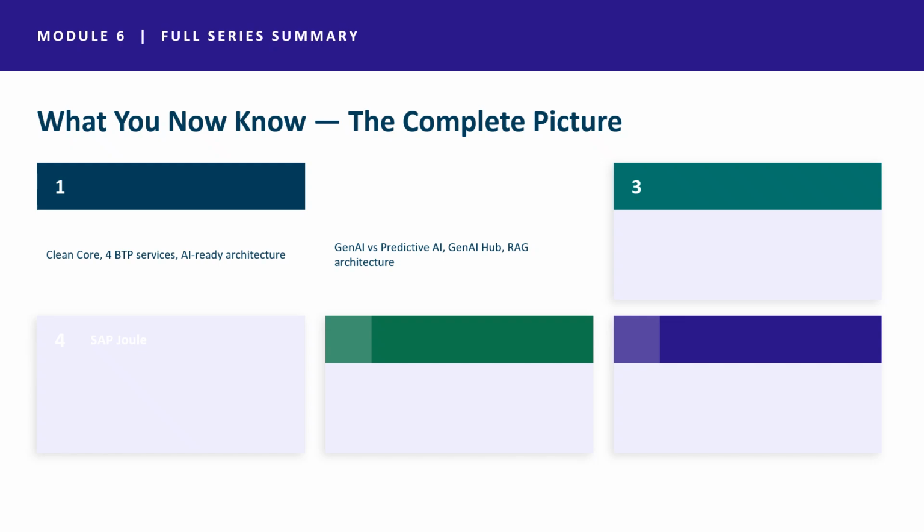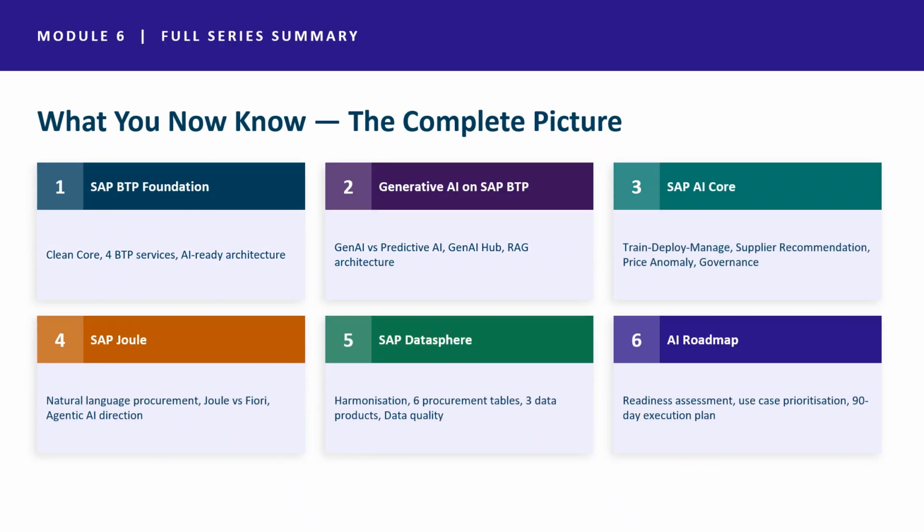If you have watched this entire series, you now have a complete foundation for intelligent procurement on SAP BTP. Module 1, BTP Foundation and Clean Core. Module 2, Generative AI, Gen AI Hub and RAG. Module 3, SAP AI Core, Supplier Recommendation, Price Anomaly, Model Governance.